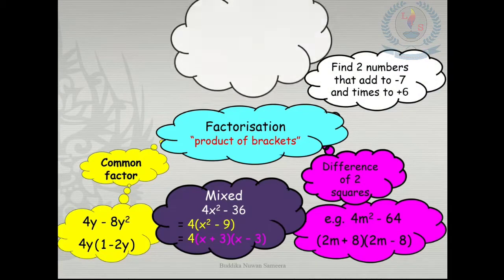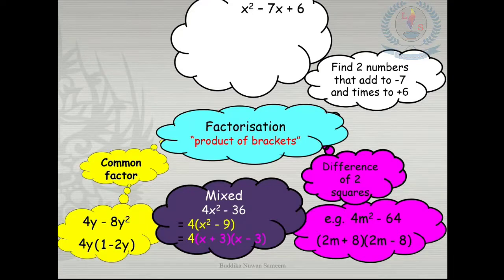When you factorize a quadratic equation, as an example, you need to factorize x square minus 7x plus 6. So you have to find two numbers that can make minus 7 and plus 6. When you multiply, that should be plus 6.